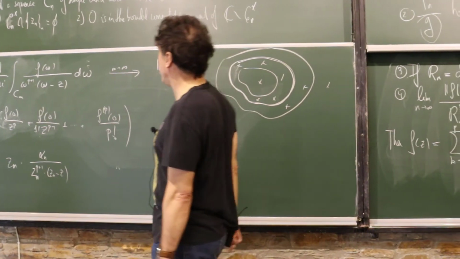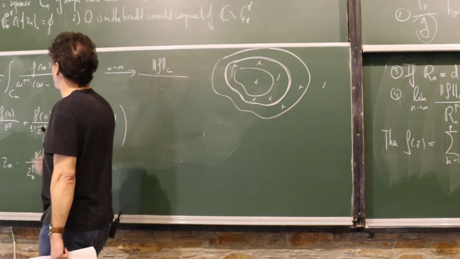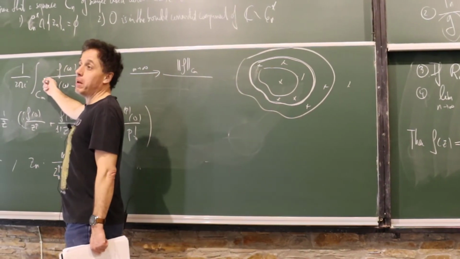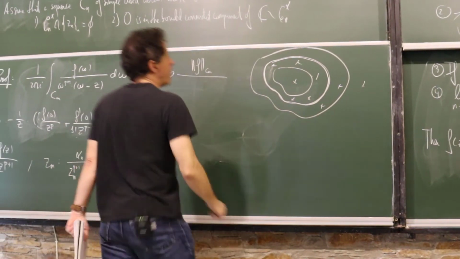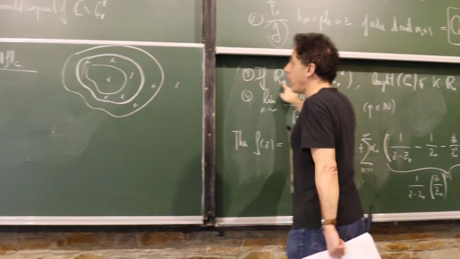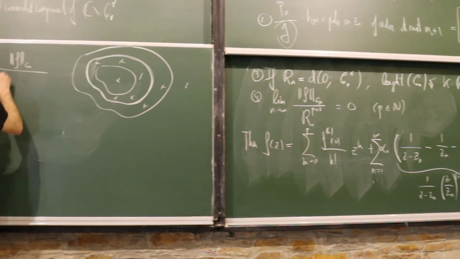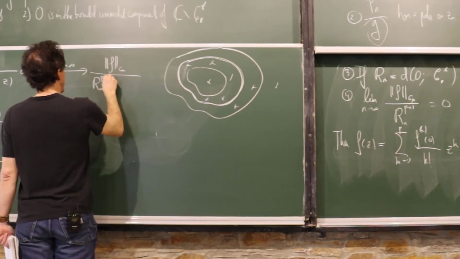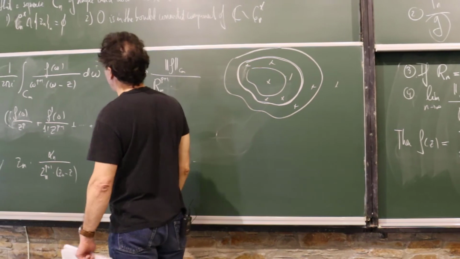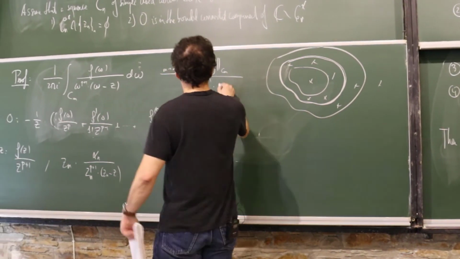On the curve, you could bound this by the minimum distance, the number we have called Rm. So we have some Rm plus 1, and here you have something like Rm minus z.